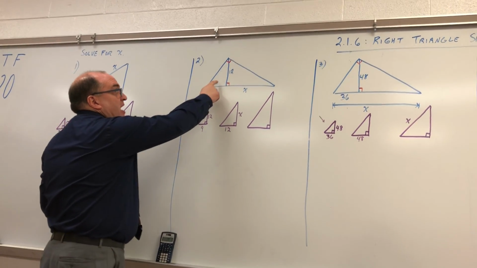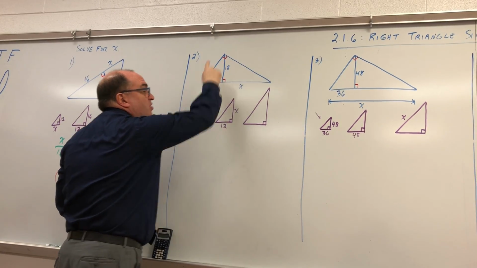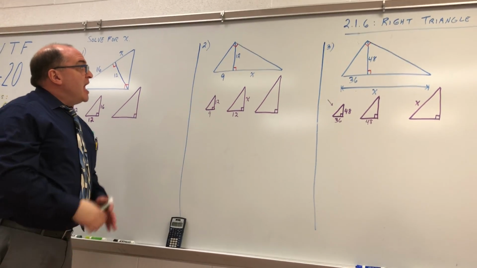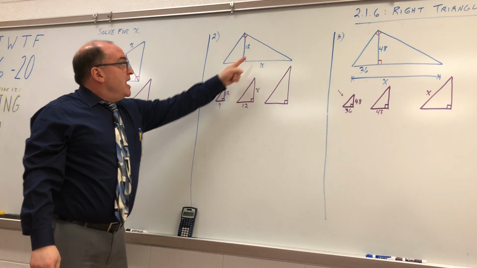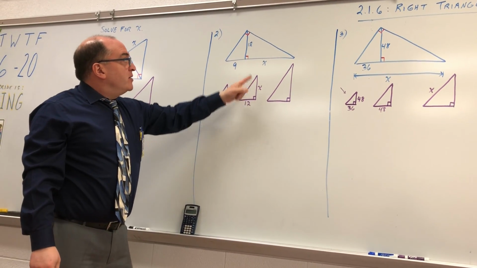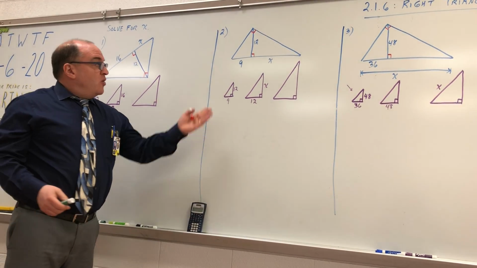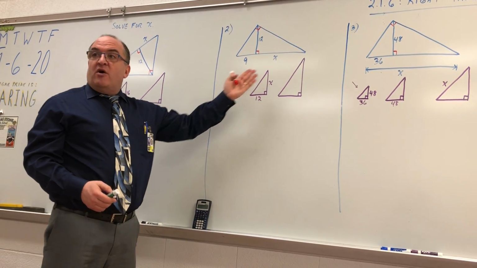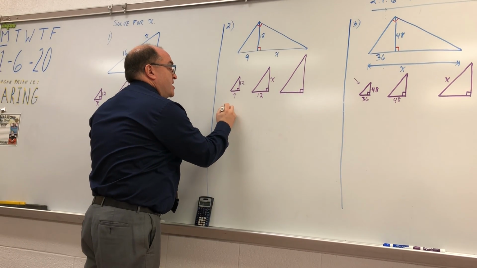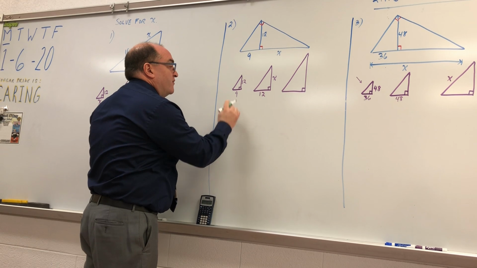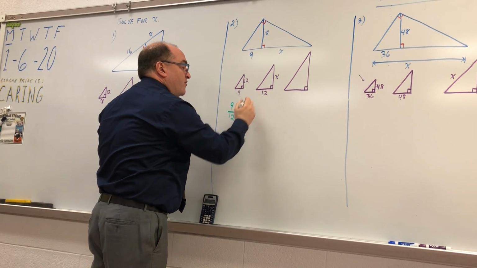Again, you see the 3 triangles, the small triangle, the medium triangle, and the entire big triangle, right? I set them up again. Here's the small triangle, here's the small one. Here's the medium one, here's the medium one, and the big one. Once again, what over what equals what over what? I'm going to put 9 over 12. 9 over 12 equals 12 over x.